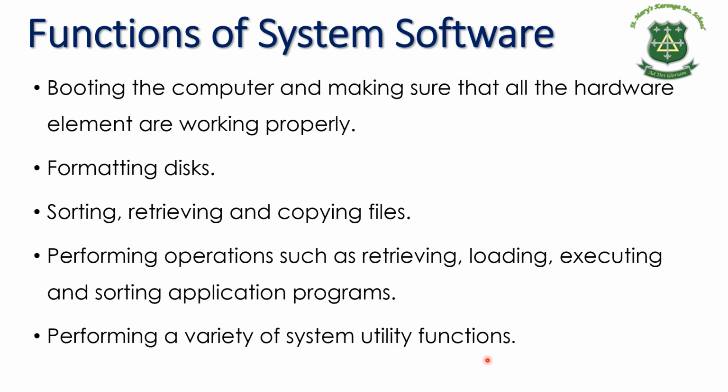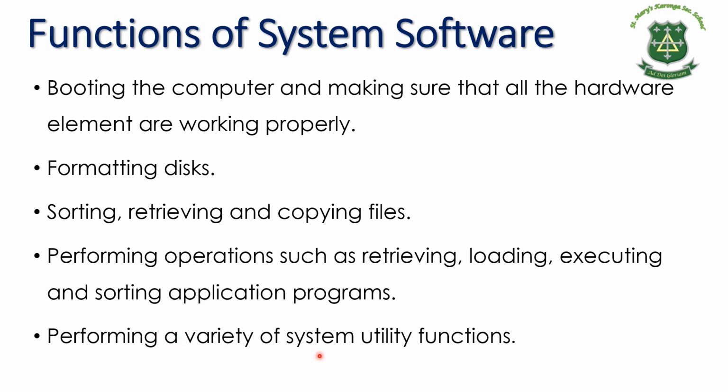When we talk of utility functions, they are the small sections that also assist the major part. Those are utility functions. So the system software is there to perform a variety of system utility functions.